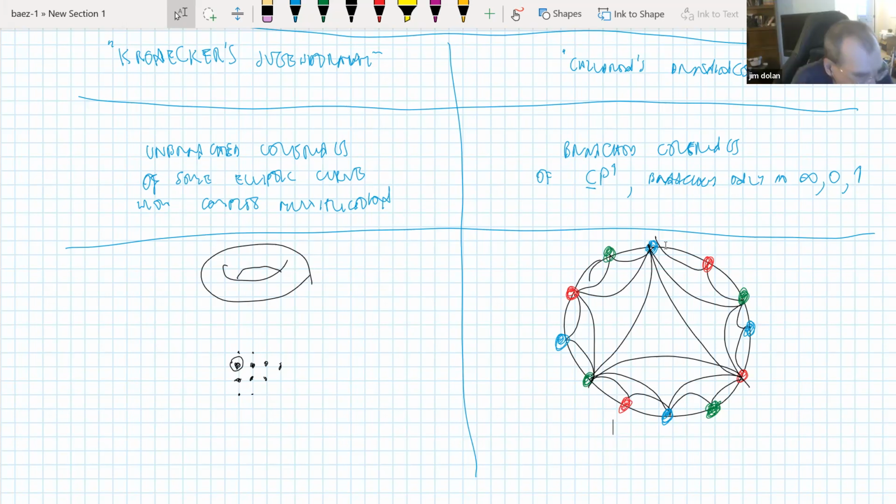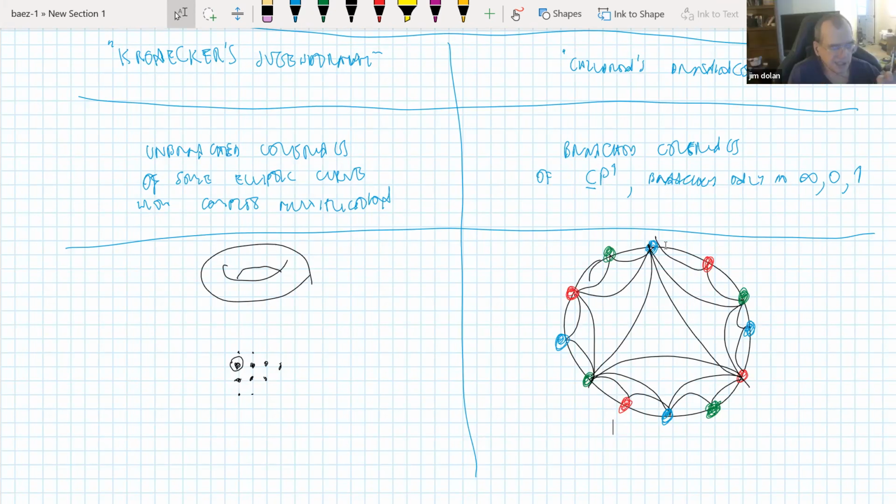Well, I'm struggling here, but there is something in the Jugendtraum. The Jugendtraum is all about the absolute abelian Galois group, and again, it could be that I actually mean relative abelian Galois group or something, or relative absolute abelian Galois group.